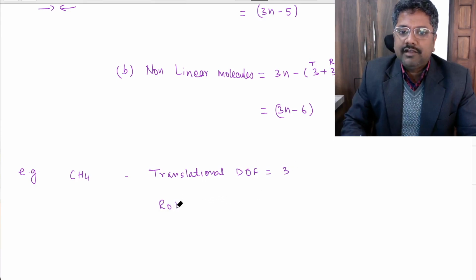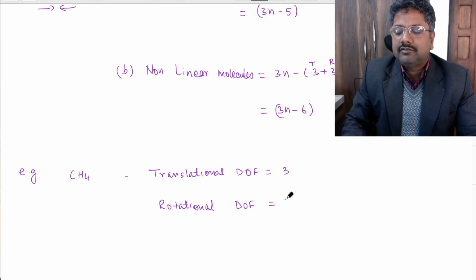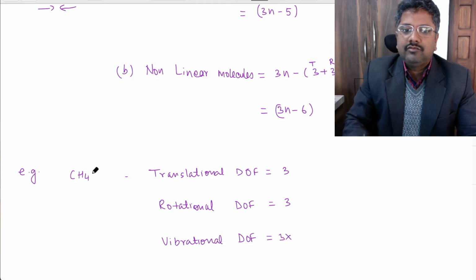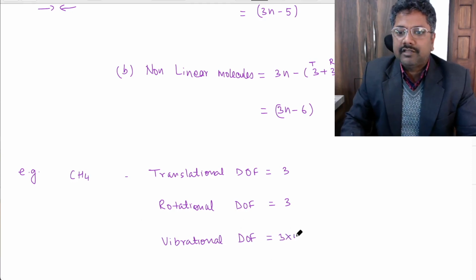Rotational degree of freedom is equal to 3, and vibrational degree of freedom is equal to 3 into 5 minus 6.